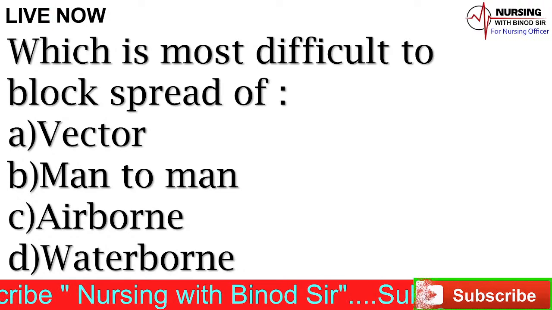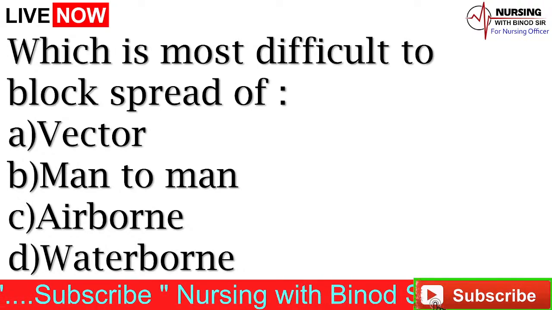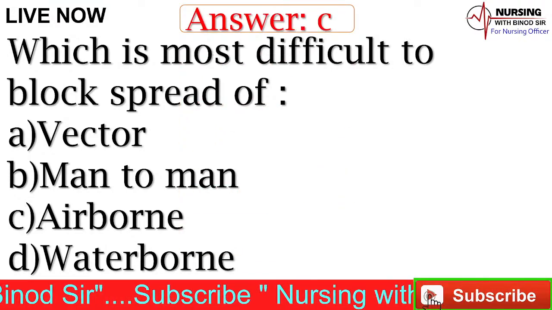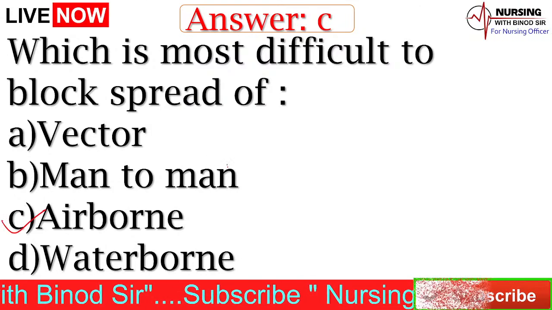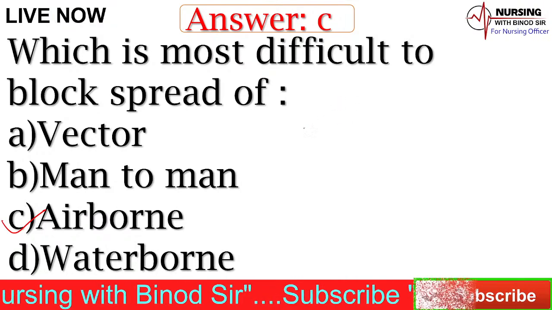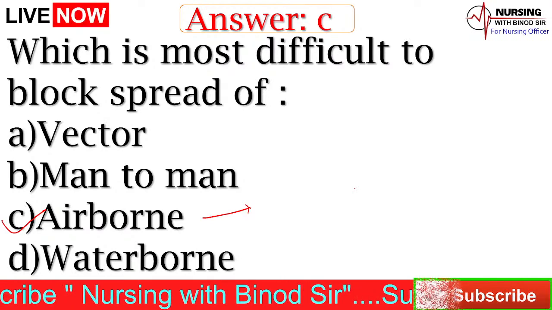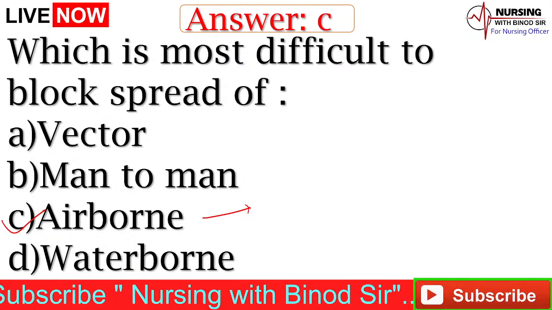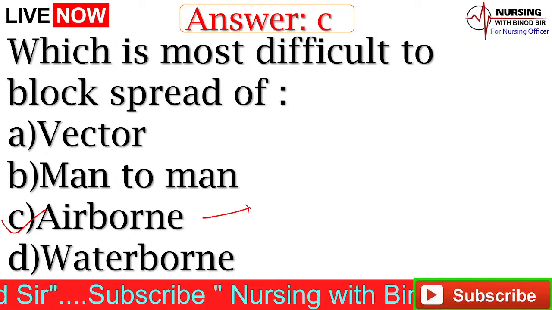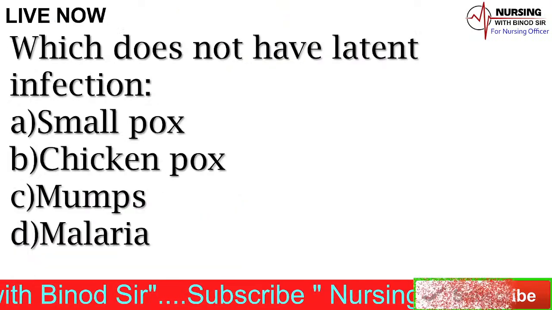The answer is airborne. As we people are suffering from an airborne disease, COVID-19, for the last 2.5 years. You must remember this one. Very good. Now we'll come back to the next question.